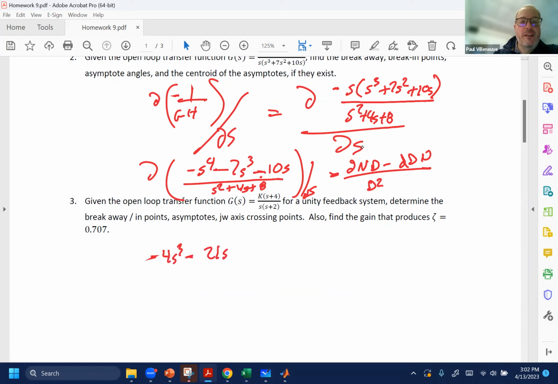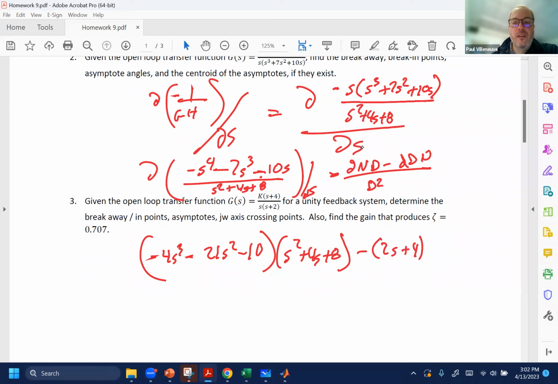That's the derivative of the numerator times the denominator, s squared plus 4s plus 8. I'll do the whole thing for you because all I really need is this. You'll have to do the multiplication out. Now I take the derivative of the denominator. So minus 2s plus 4 times minus s to the fourth minus 7s cubed minus 10s, and set that equal to 0 and solve for those points.